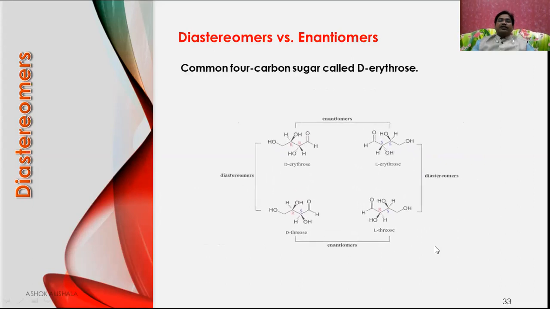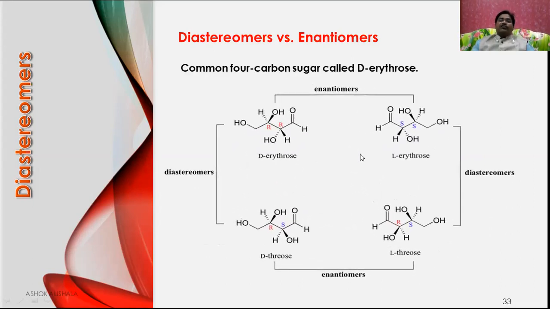Now let us see the other one. This is the RR configuration, and its enantiomer, the mirror image, is SS. And suppose you twist around the single bond, the groups are changed. One is R, the other is S, and therefore its mirror image is this. These are enantiomers, but this and this are diastereomers. Also, this and this are diastereomers, and this pair also is diastereomers.